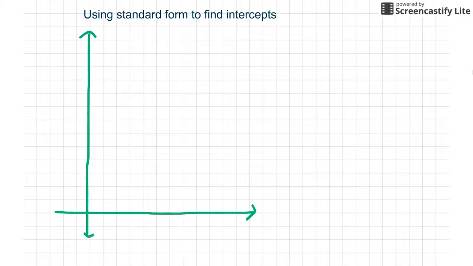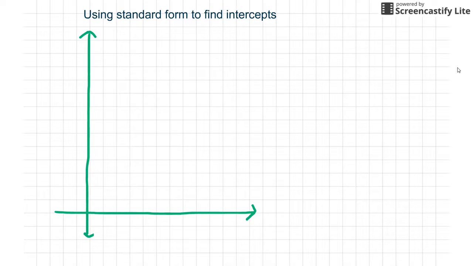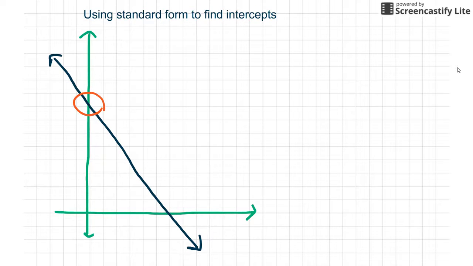Okay, so something else that standard form is useful for is finding the intercepts. So what the intercepts mean are, where does the line cross the x-axis and the y-axis? So let's say, for example, I have something that looks like that.